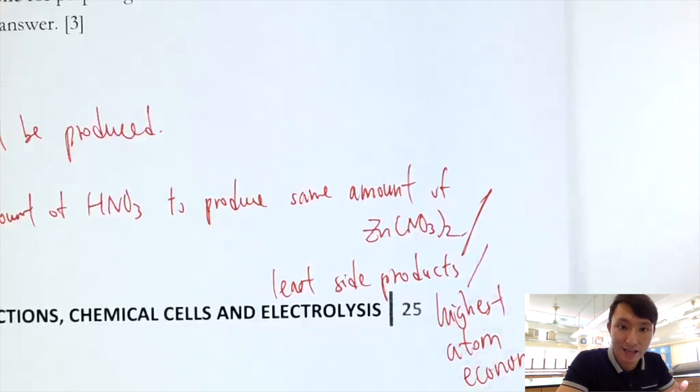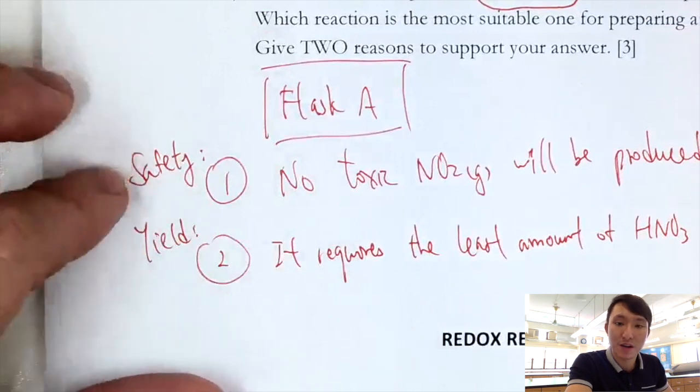So you don't waste any atom because you don't produce any side product. So that will be 100% atom economy. So the lower the atom economy means the more atoms are being wasted. That implies more side products.